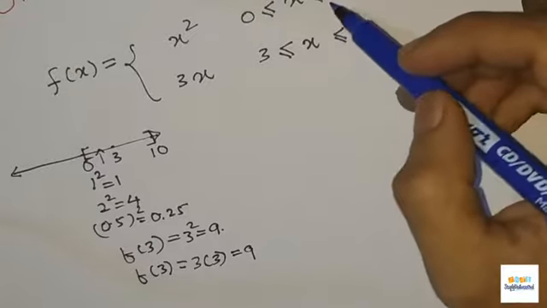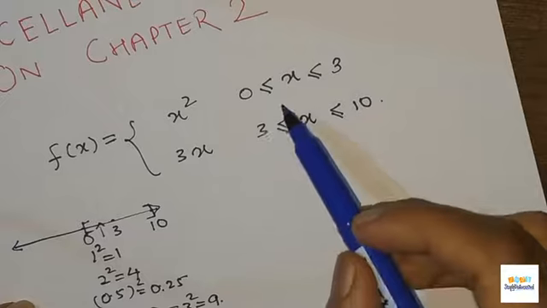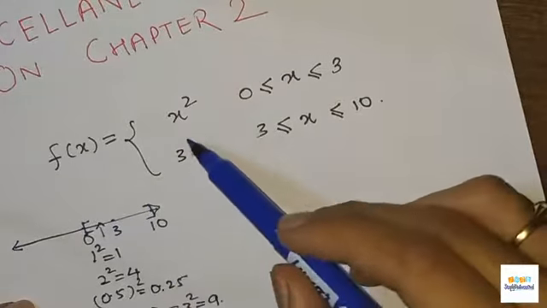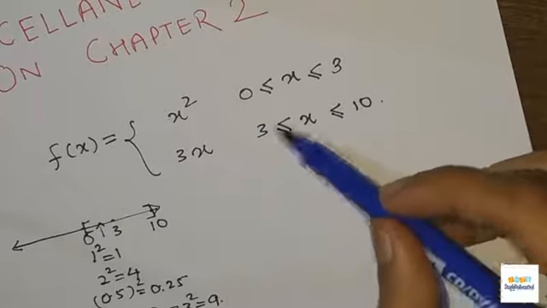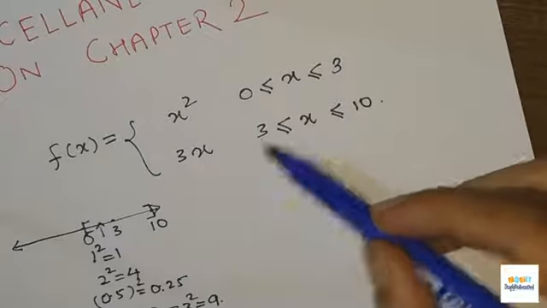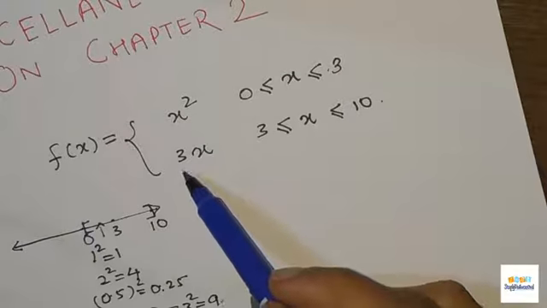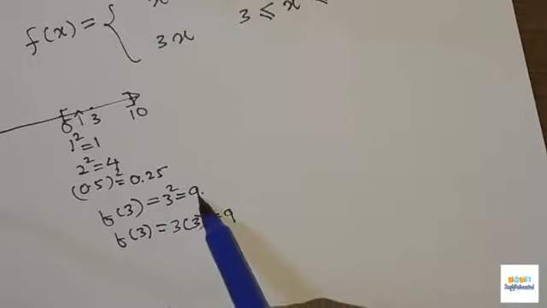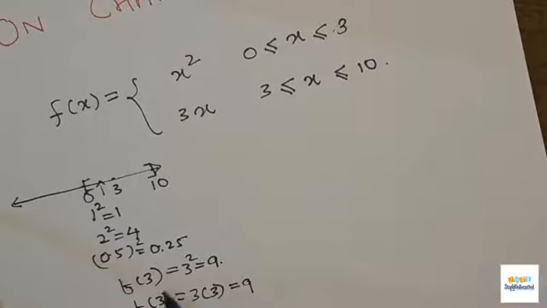So we had to only check the value 3 here in this domain, because for all other values the relation f takes unique values. So we have to check the value of the function at x equal to 3, and for both the definitions we are getting the same value 9.